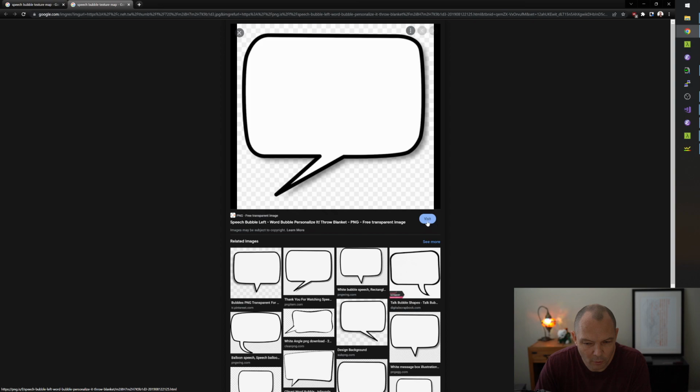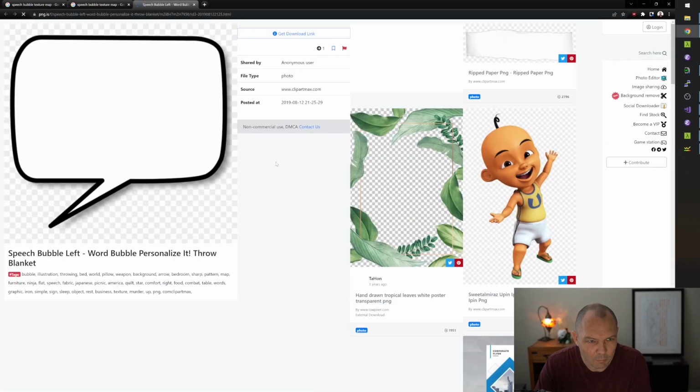Free transparent image. Okay, I bet they're going to make me pay a zillion dollars. Non-commercial use. I mean, we're going to cut this from the game.